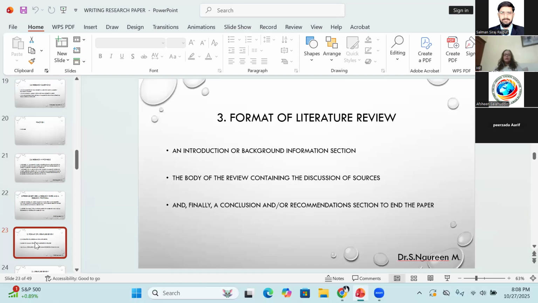Now, format of literature review. Introduction or background information section. The body of the review containing the discussion of sources. And finally, a conclusion and recommendation section to end the paper.